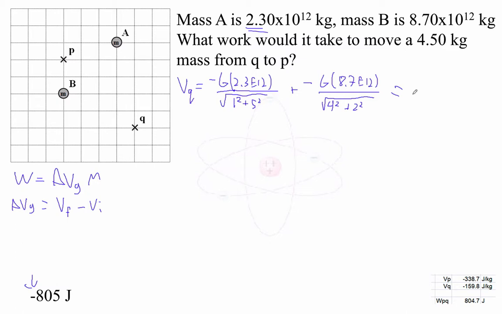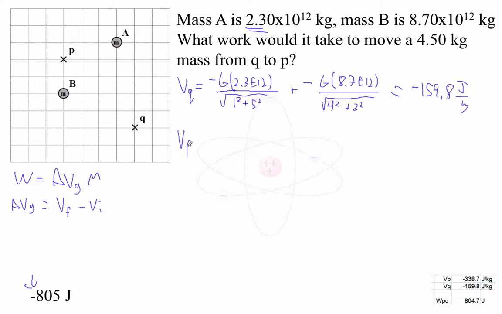That's going to be negative 6.67 E minus 11 times 2.3 E12 divided by the square root of 1 squared plus 5 squared, plus negative 6.67 E minus 11 times 8.7 E12 divided by the square root of 4 squared plus 2 squared. All right, so this potential is negative 159.8 joules per kilogram. That's at Q, right?